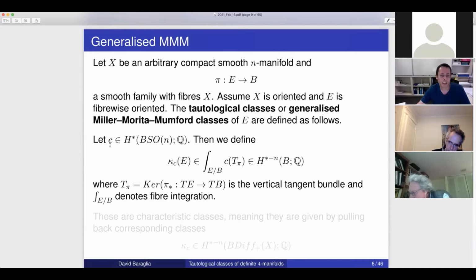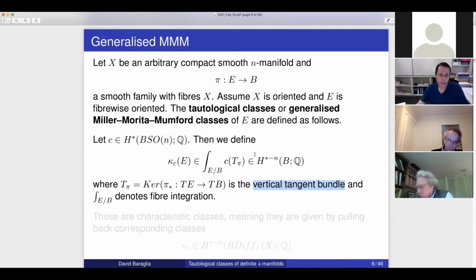Take a characteristic class for the special orthogonal group, and then apply that characteristic class to the vertical tangent bundle, which is just the tangent bundle of the fibers. Apply this characteristic class, integrate it over the fibers, and you'll get a cohomology class in the base.